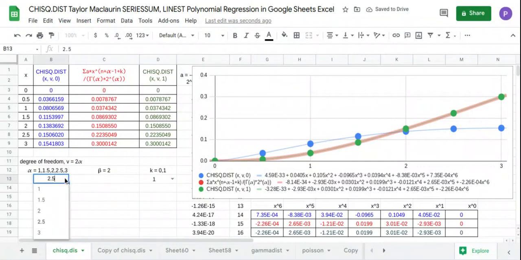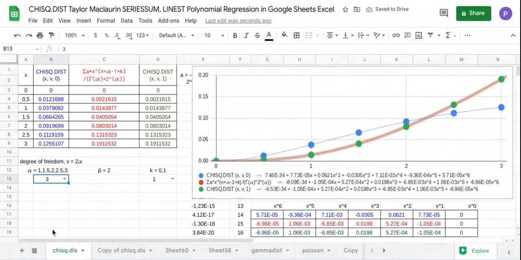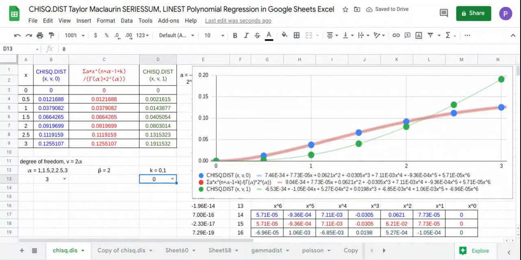We could go as far as 3, and we can toggle this to 0. This completes the use of array formula, data validation, and the LINEST matrix to generate a Taylor-Maclaurin series sum to generate the chi-square distribution function.